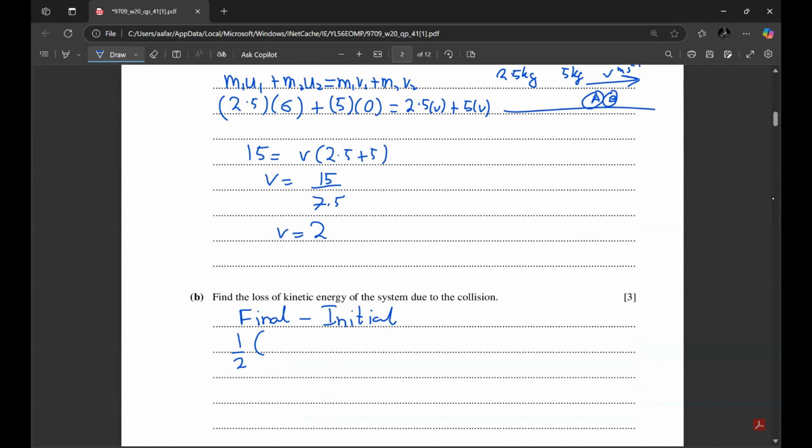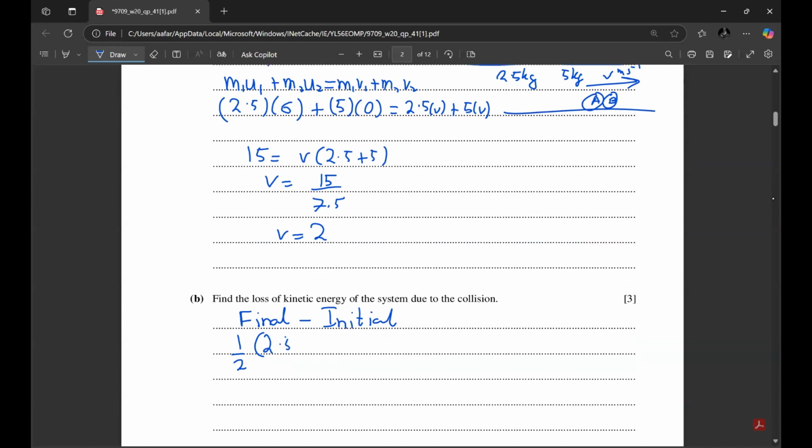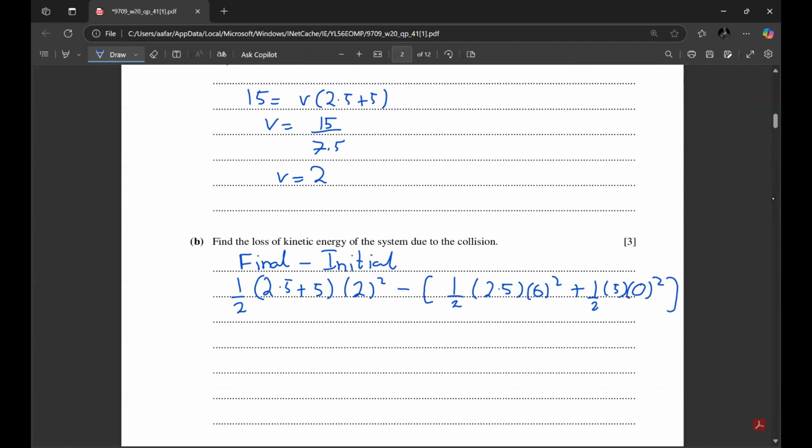Since they coalesce, it's a combined particle, so we add the masses, 2.5 plus 5, times 2 squared, minus initial, which is half times 2.5 times 6 squared, plus half mass of B times 0 squared, which is 0. 2 squared is 4, half of 7.5 times 4 is 15. Initial is 36 divided by 2 is 18, into 2.5, that's 45.